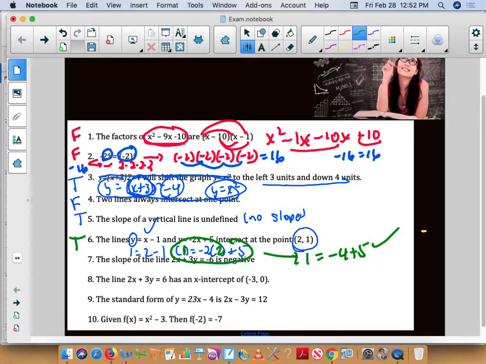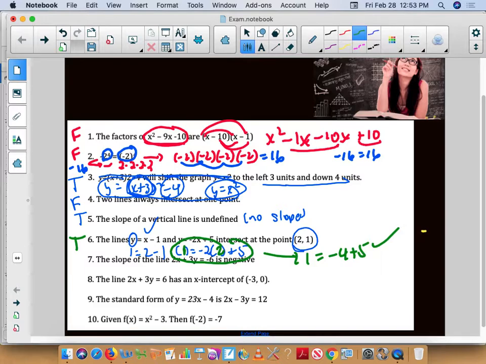Yana? So for 6, can it be like two different numbers, but if the equation is correct, then it's fine? Like, so 1 is equal to 2 minus 1. So you got 1. But if you plugged in like 2 or something for the y, and you got 2, that would also be fine. I don't think so.